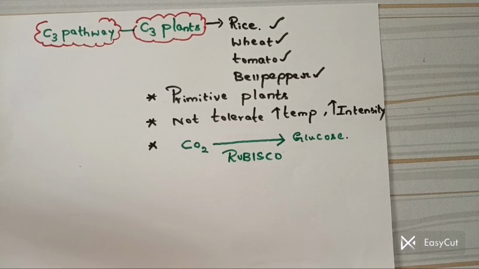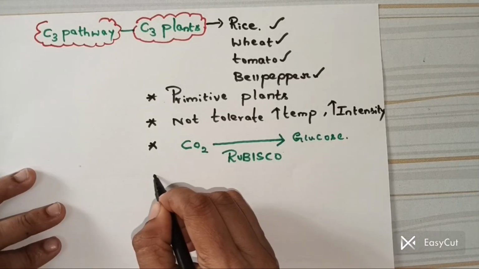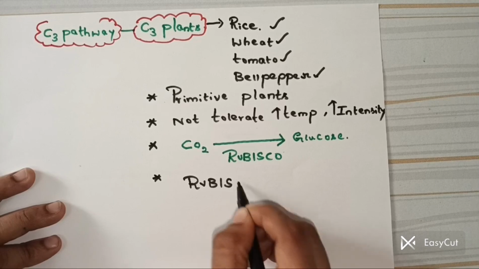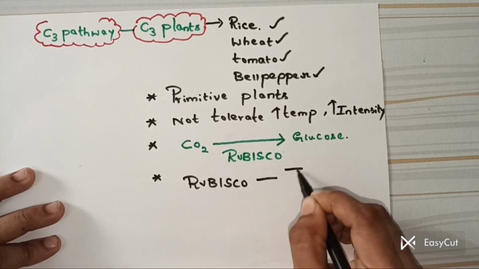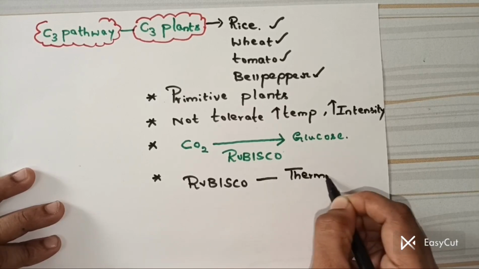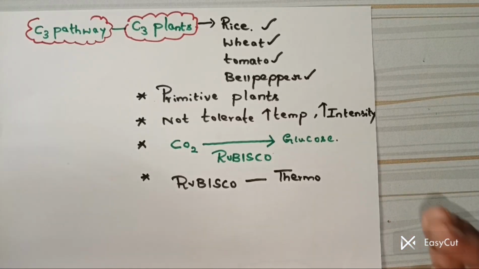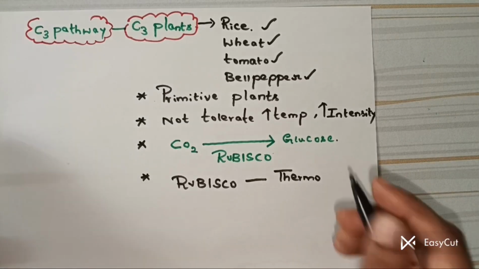Yes, very, very important. Another point: Rubisco is a thermolabile enzyme, just like your backstabbing friends.